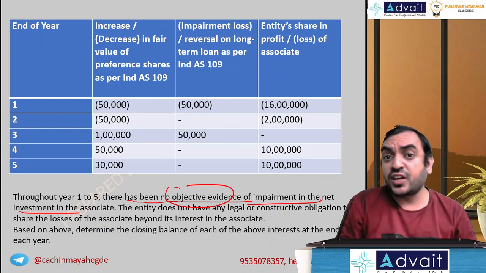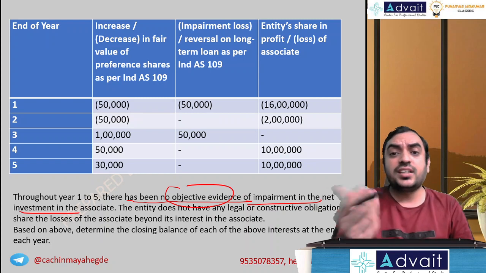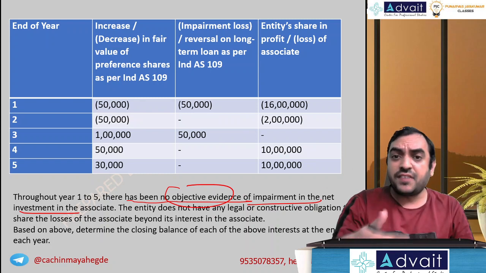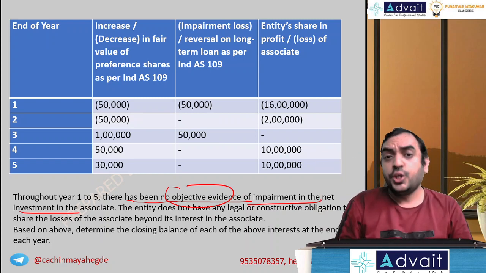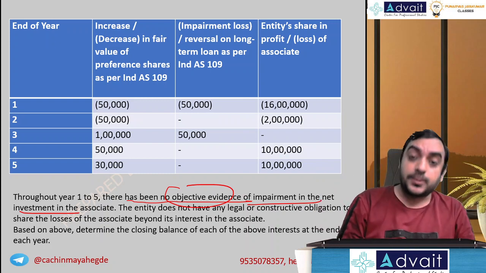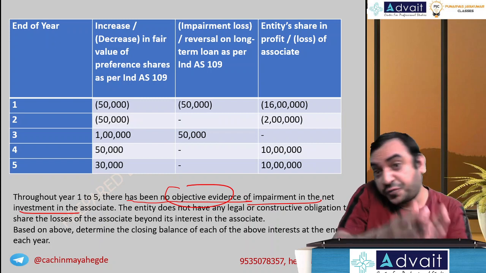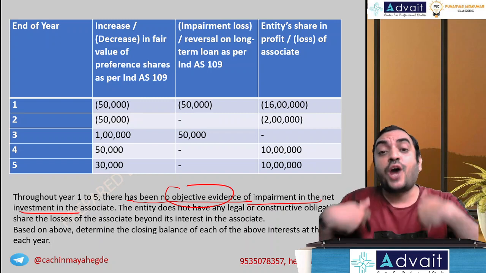Why should there be a further loss? Who knows? There might be credit rating issues in the company, or the company might be in a situation of liquidation. So whatever the reason, the going concern assumption may be affected. If the amount you're showing now requires further impairment, then you have to provide.